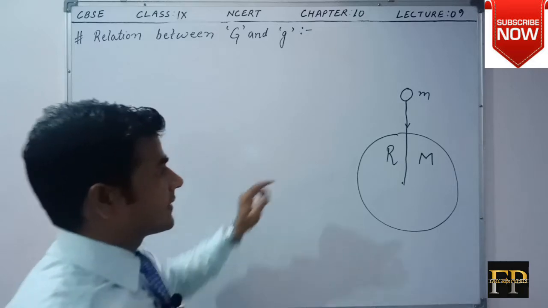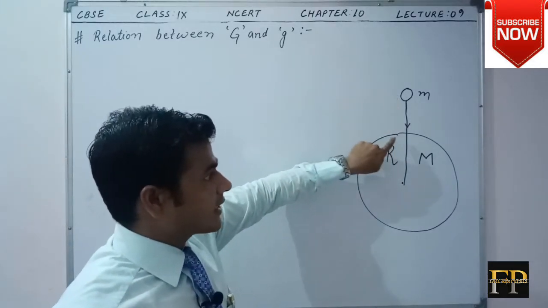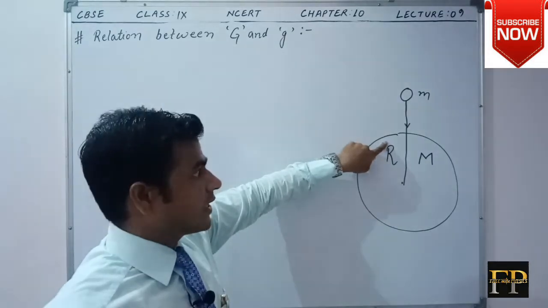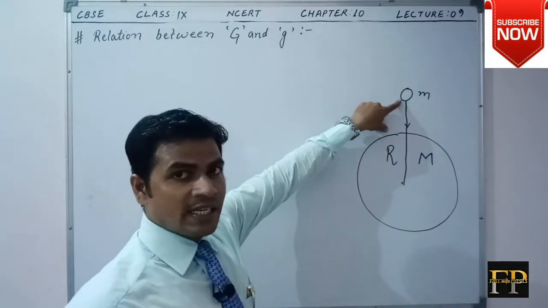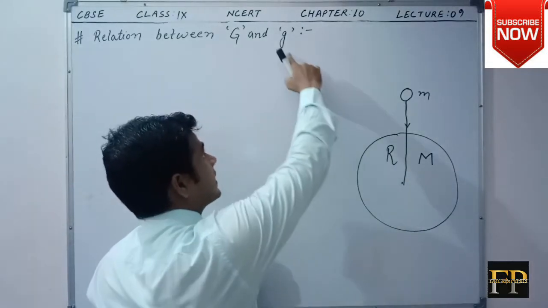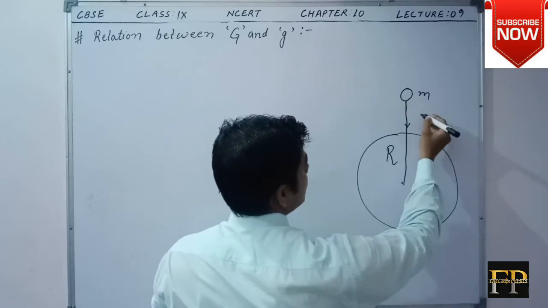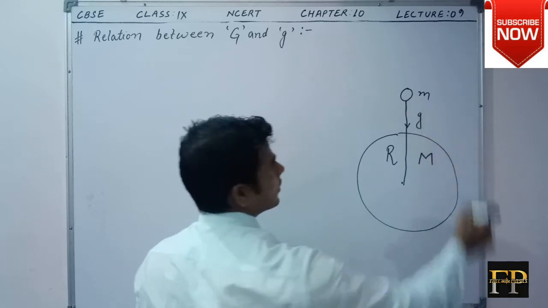We know that whenever this object falls under the gravitational force of the earth, the body gets accelerated, and that acceleration is called acceleration due to gravity, denoted by g.